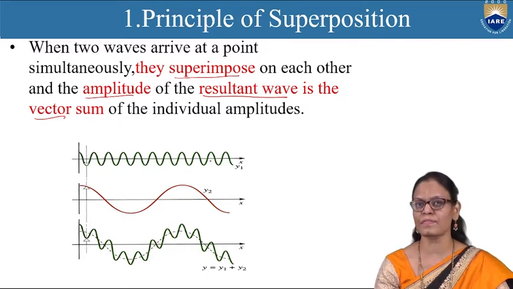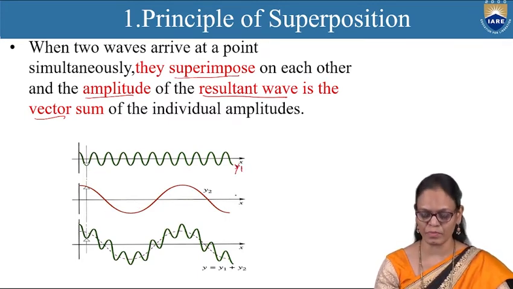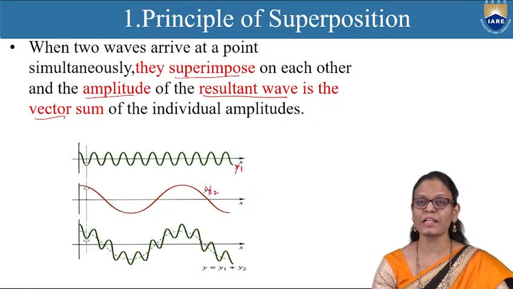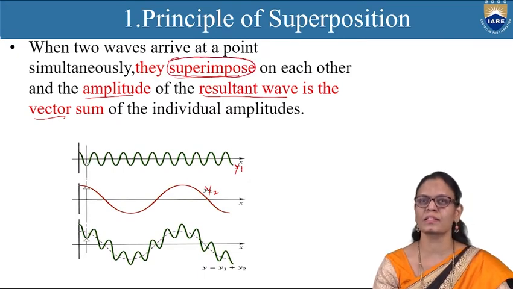We have 2 waves. The first wave of displacement y1 and this is the second wave whose displacement is y2. And if these 2 waves arrive at a point simultaneously, they will superimpose on each other. This is the term that is important.